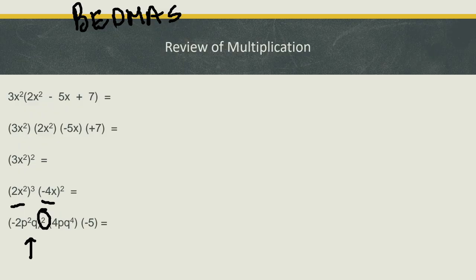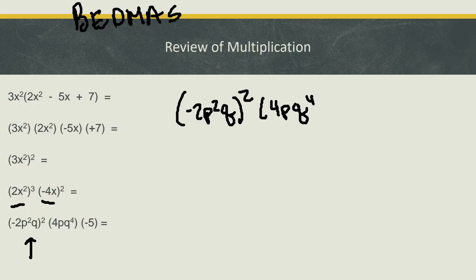So we have a negative p squared q squared. I hope there wasn't a squared there because I wrote all over it. No, okay, that's right. And then we have 4pq4 and then a negative 5.